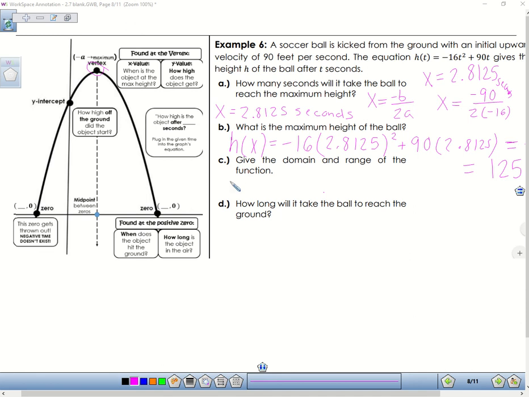No. So our domain is going to be from 0 to whatever this other endpoint is, right? Now we don't know how far the time goes. We'd have to find that value.